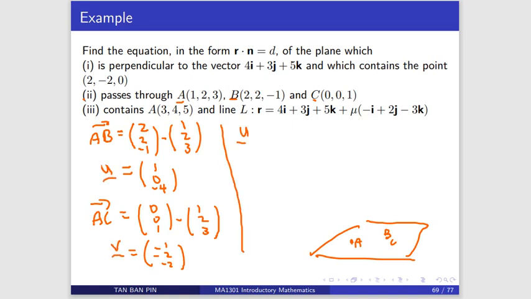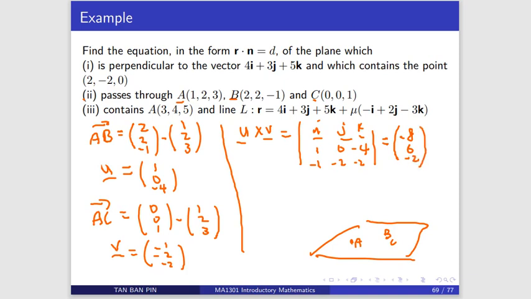So we consider u cross v, which is i, j, k, then (1, 0, -4) and (-1, -2, -2). You work out this cross product, and it will give you (-8, 6, -2).